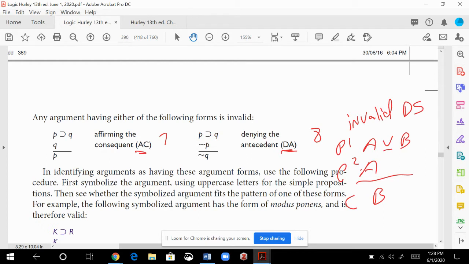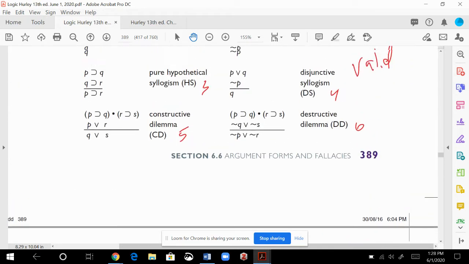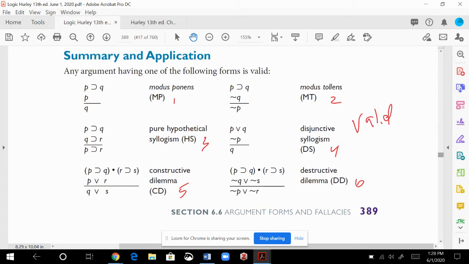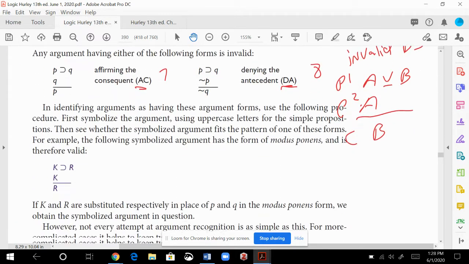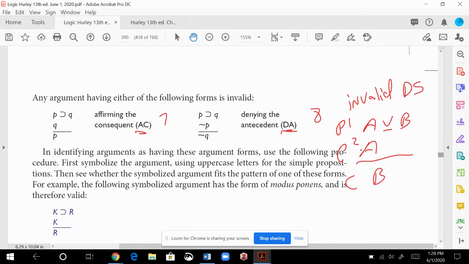But you can't say invalid disjunctive syllogism. No. Disjunctive syllogism is all by itself valid. You can't say invalid disjunctive syllogism because it looks like one. You just have to say invalid. Okay? That's why I go at great lengths to map that out. Because if you were to say this, that would be wrong. You would have to say invalid or disjunctive syllogism.